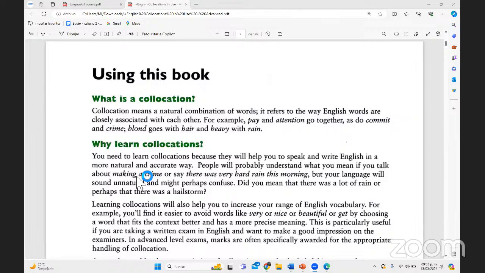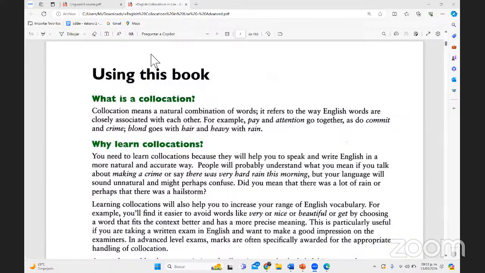You need to learn collocations because they will help you to speak and write English in a more natural and accurate way. People will probably understand what you mean if you talk about making crime or say there was very hard rain this morning.